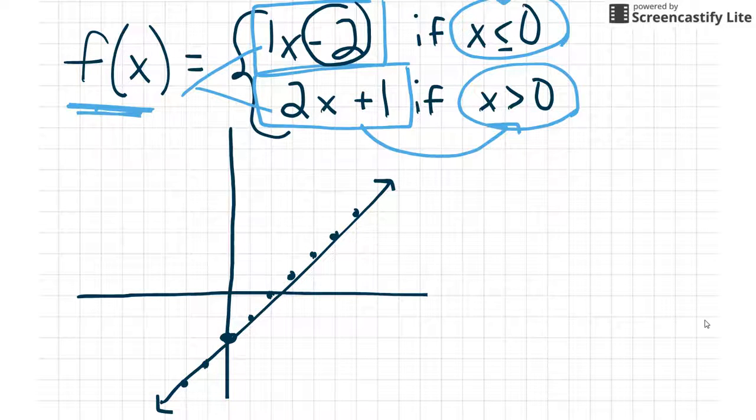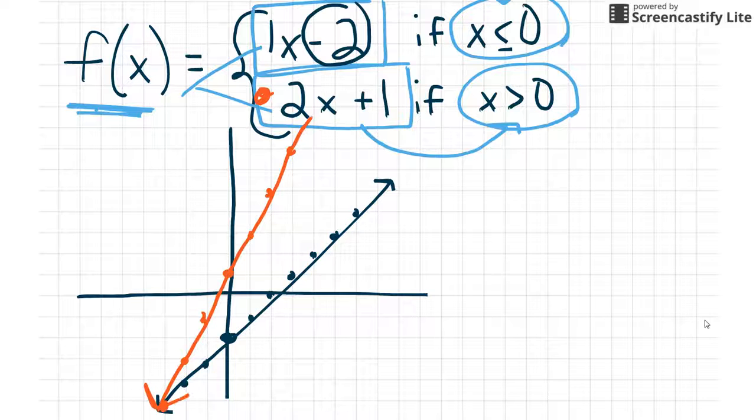Okay, now the next line, I'll do this one in orange. So it says up 1, so I'm going to go up 1, and then it says up 2 over 1, up 2 over 1, up 2 over 1, and I'm also going to go this way, and down 2 over 1, down 2 over 1.